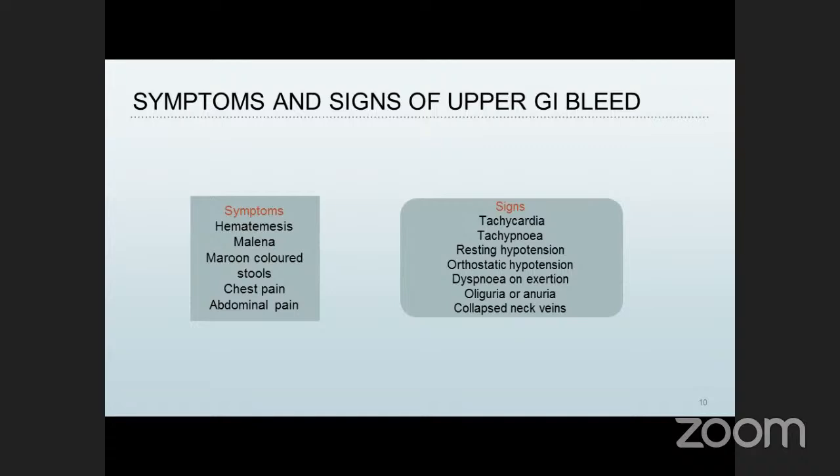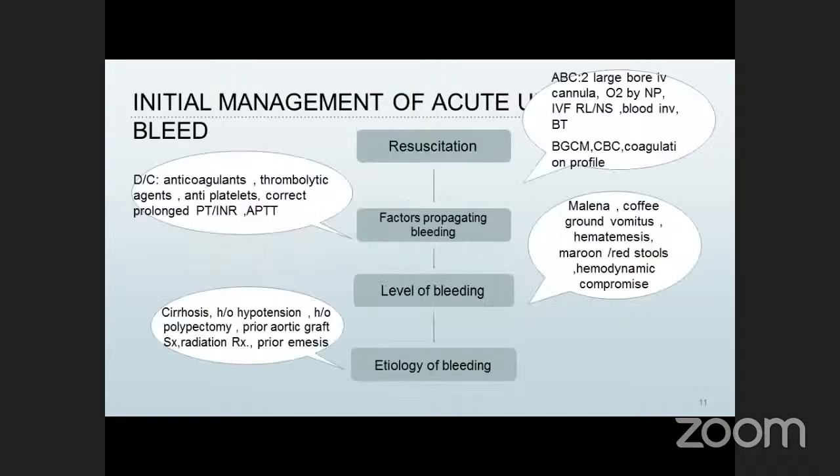These are the signs which are indicative of massive GI bleed, and it accounts for almost 10 to 20% of the blood loss in the total circulating volume. If it is less than 10%, then it is classified as minor GI bleed.